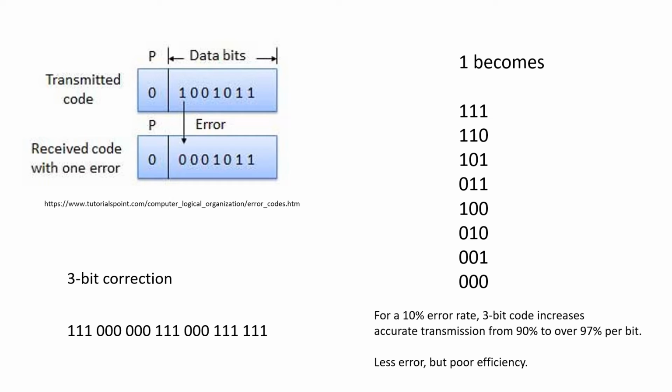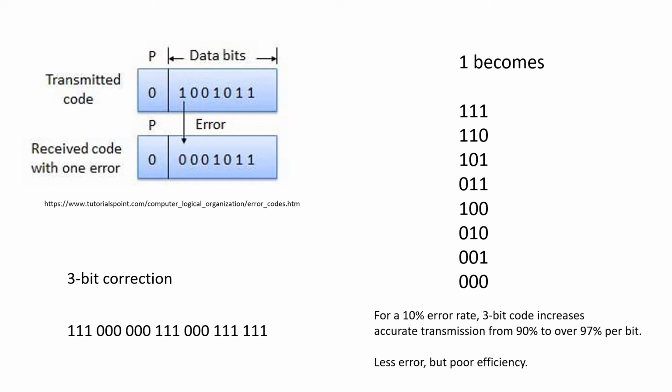Now, electronic noise, chance errors, and so forth can flip at random any one of those bits, and we end up transmitting the wrong code. So, for example, when you look on the bottom, let's focus on that first bit, which is a 1 in the code that we want to transmit.